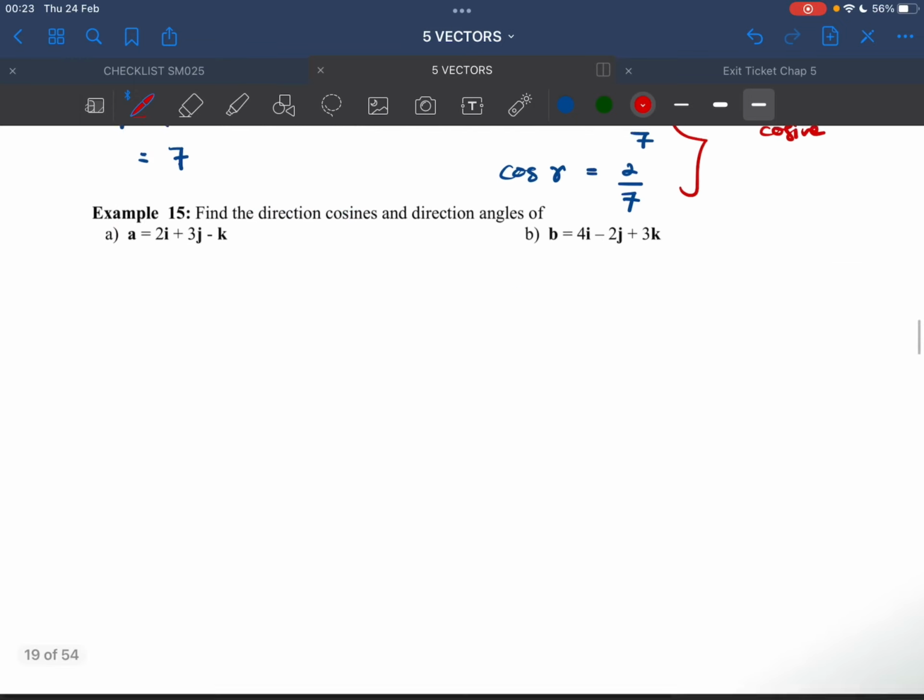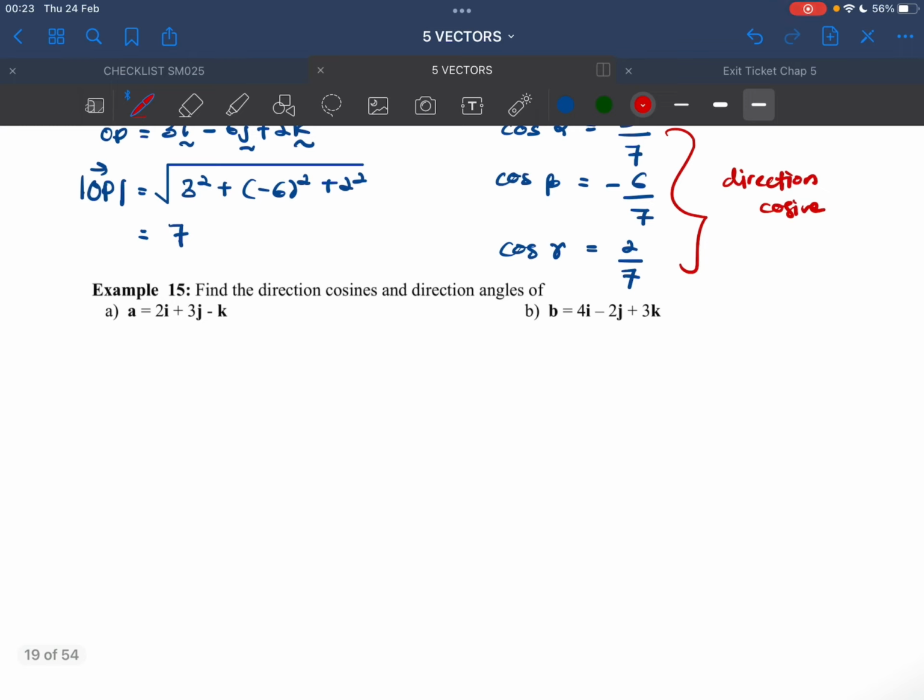Like for example 15, find the direction cosines and direction angles. So we have to find both things. You have the vector there, so we only need to find the magnitude. The magnitude of A equals the square root of 2 squared plus 3 squared plus negative 1 squared. We have 4 plus 9 plus 1, which is 14, so square root of 14.